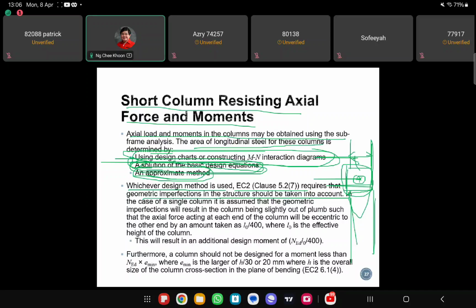Because the beam that you design to 300 by 500, probably you go to the site and measure, you get 295 by 503 mm. Okay, so this is what we call imperfection, right? So due to those imperfections in construction, there will be imperfection moments.